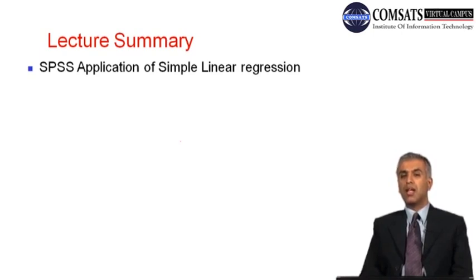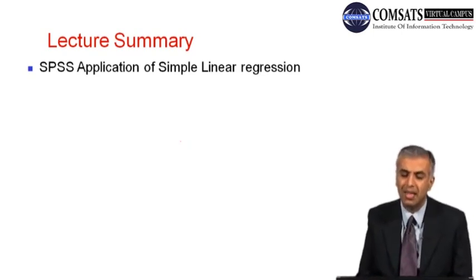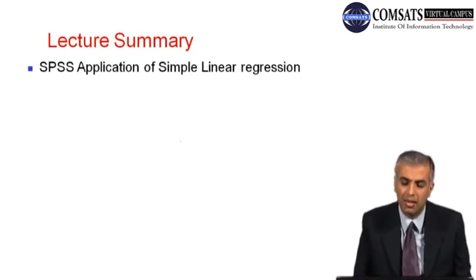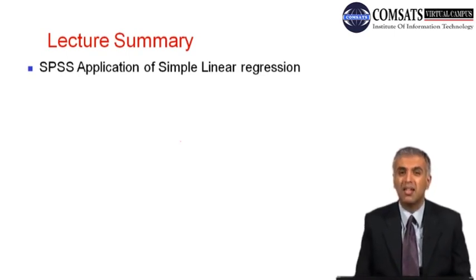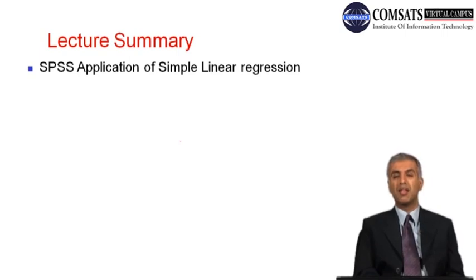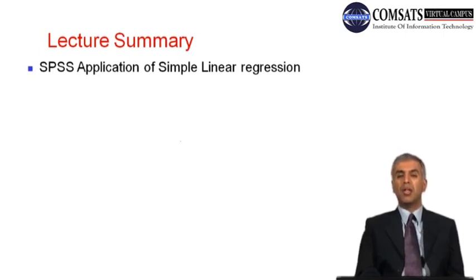Then the important part was how to check the assumptions for this simple linear regression. The regression rules were the same for assumptions, and we relied on the histogram and the normal PP plot in order to know whether the assumptions are being met or not.